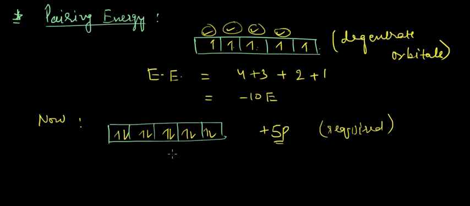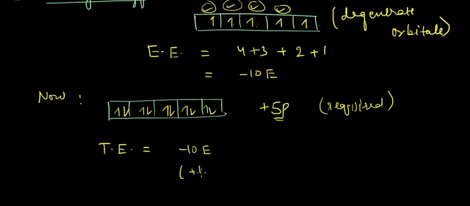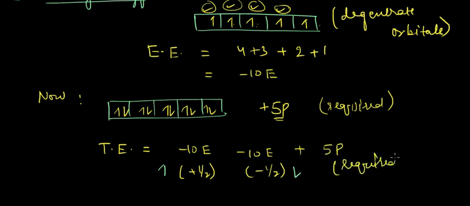So the total energy in this case would be minus 10E for the plus half spin, and minus 10E for the minus half spin, in other terms for all the electrons with this notation and for all the electrons with that notation, and 5P is required for pairing up of electrons.